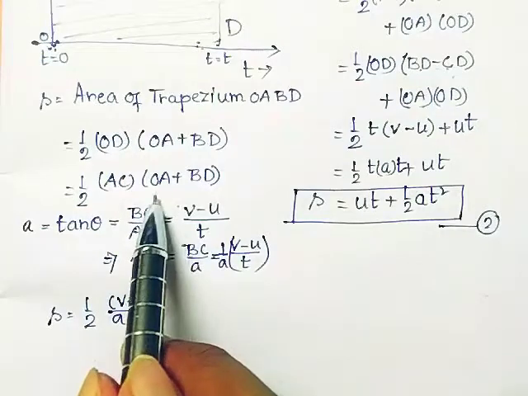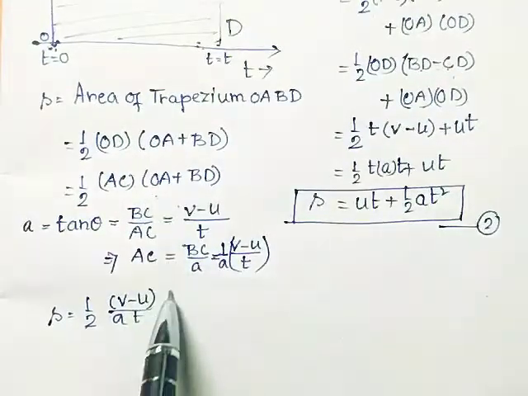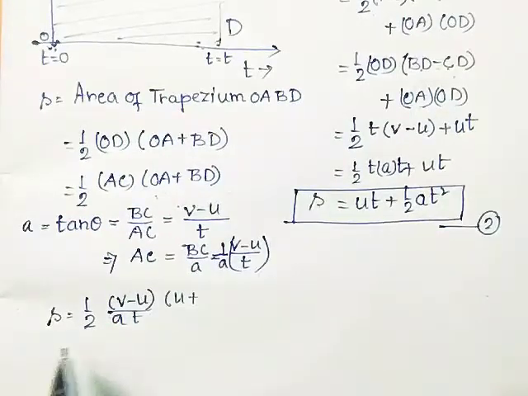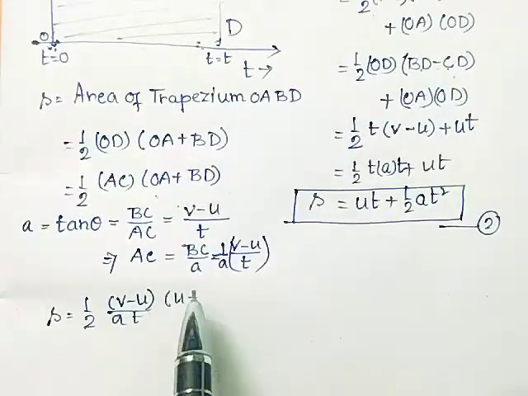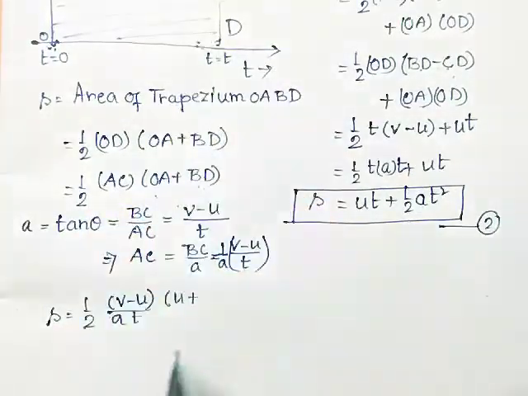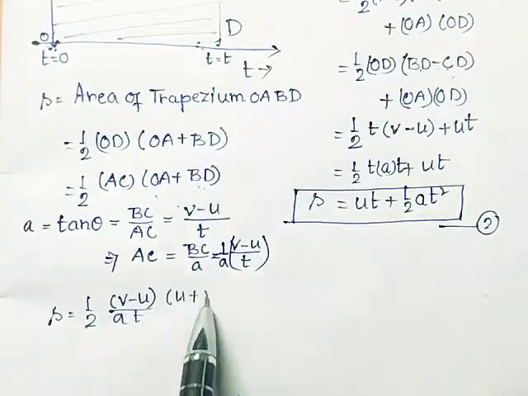What is OA? OA is basically U, and here BD is basically V.